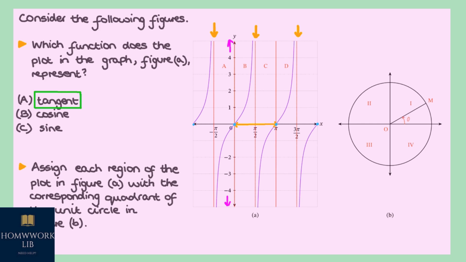Let's now consider the second part of the question, in which we're asked to assign each region of the plot in figure A with the corresponding quadrant of the unit circle in figure B. Looking at the graph then, region A corresponds to angles that are between negative pi by 2 and 0 radians. On the unit circle, an angle of 0 radians would lie on the positive x-axis.